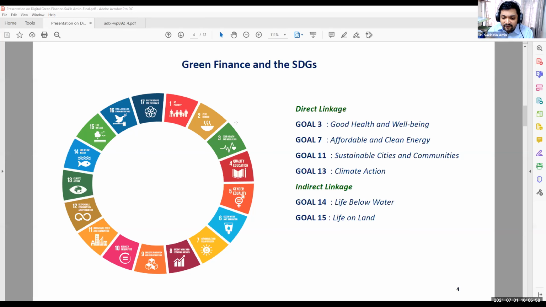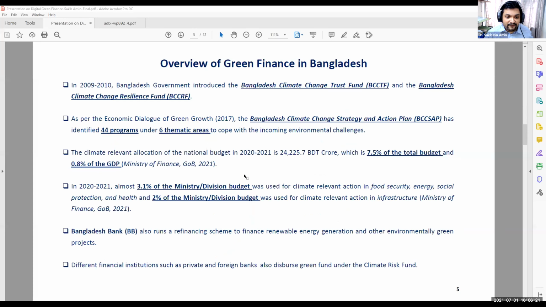Green finance can provide benefits for environmentally sustainable development. One of the many driving factors of green finance is to meet the Paris Agreement goals and achieve the sustainable development goals. You can see there is a direct linkage of green finance with SDG 3, 7, 11, 13, and also some indirect linkages with goals 14 and 15.